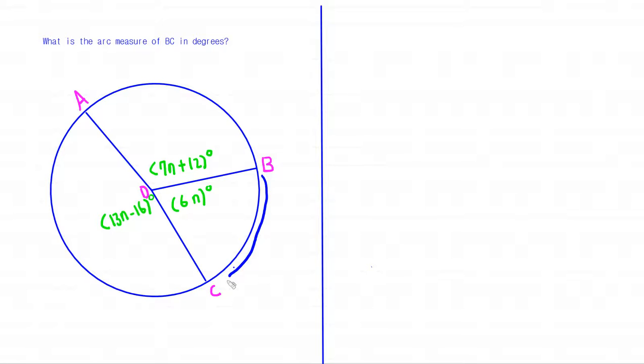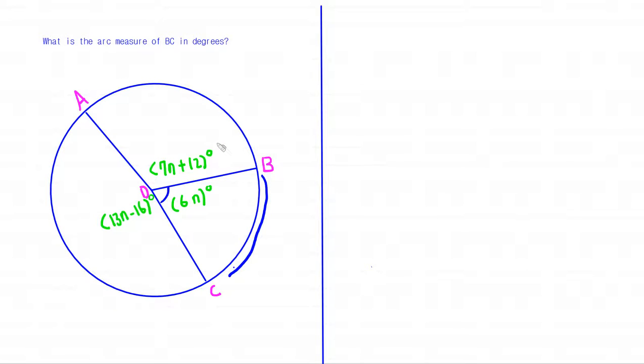And we already know that the arc measure of the sector is equal to the center angle of that sector, which means BC is equal to this center angle in degrees. So we can find it.